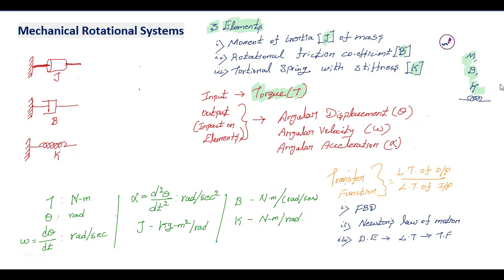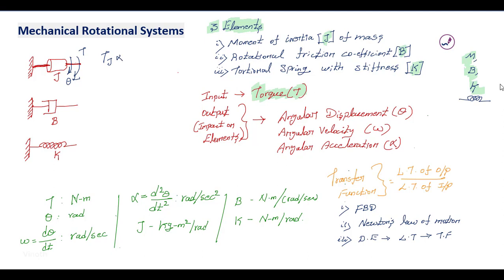The first element is the moment of inertia of mass; the moment of inertia of the system is assumed to be concentrated at the center of gravity of the body. When a torque is applied to the element, the displacement is in the direction where the torque is applied, and the reaction torque on this mass element due to the external torque is represented as Tj.